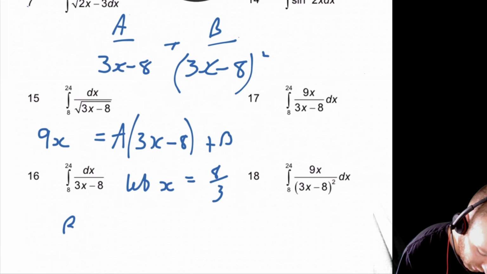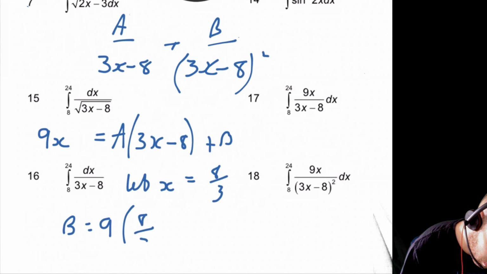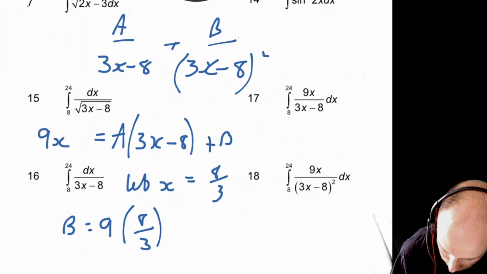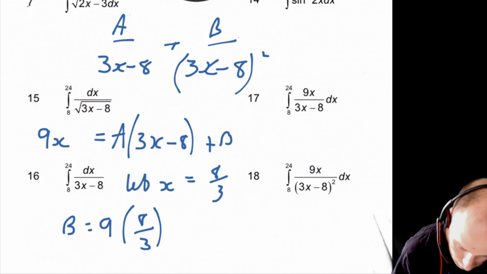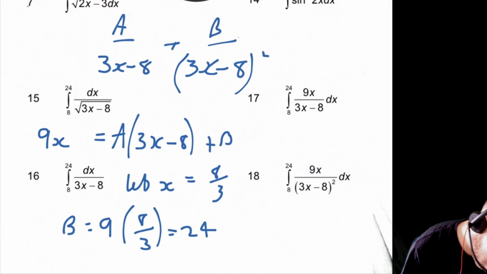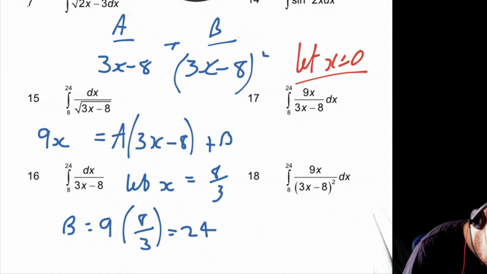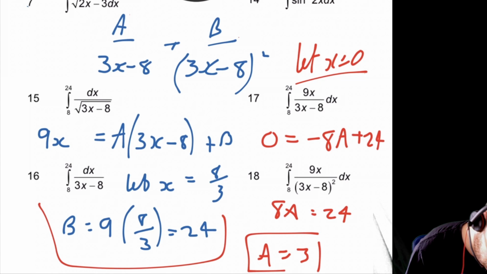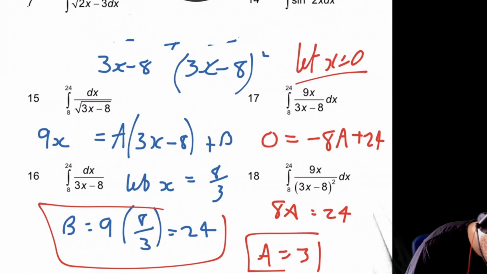So we're going to get b equals 9 lots of 8 thirds, which is 24. And then let x equal 0. You get 0 equals minus 8a plus 24. So 8a is 24, so therefore a equals 3. So a was 3, b was 24. That's what we're trying to integrate.